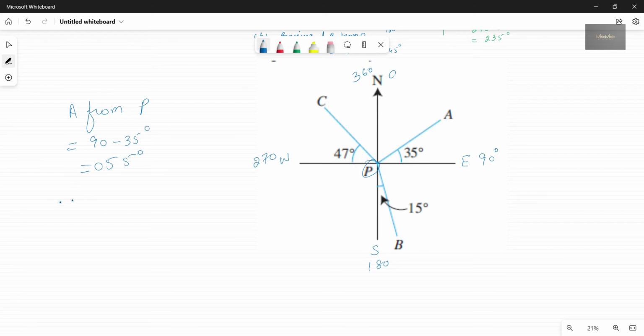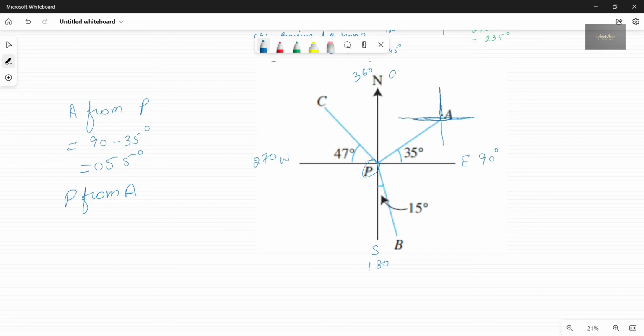Now the second question for the same diagram, it's P from A. Now P from A, it's the reverse bearing. Somebody is standing at A and needs to find the directions toward P, means P is the destination now, A is the origin, right? So you will make bearing axis here, right?